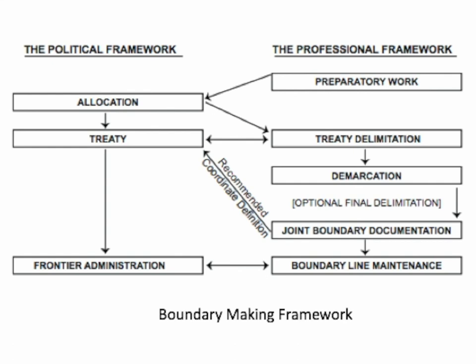Then after successfully delimiting the treaty, they will demarcate, and there will be a process of recommendation, coordinate definition, and different processes. And after successful final demarcation, the joint boundary documentation will be released.